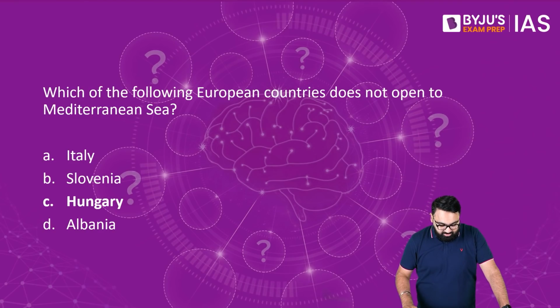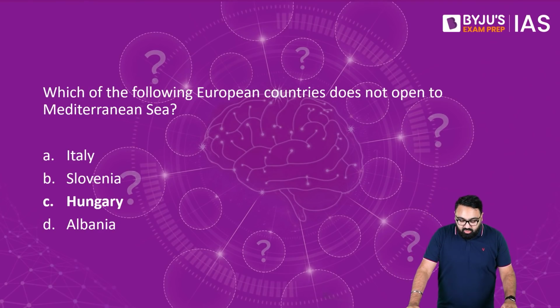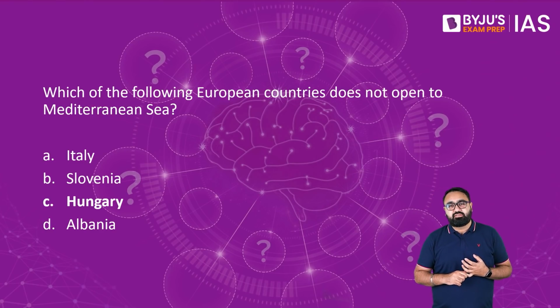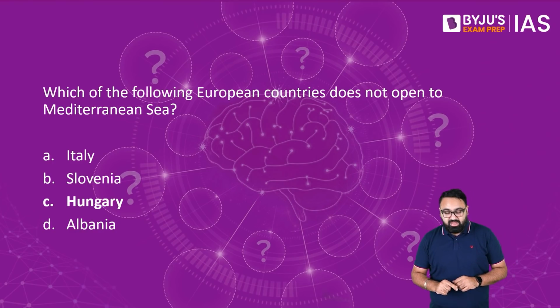I'll give you one more example. Which of the following European countries do not open in the Mediterranean Sea? Remember, we just discussed the Mediterranean Sea. We discussed how to remember the African nations, the Asian nations, and the European nations that surround the Mediterranean. This question is mainly for the European nations.